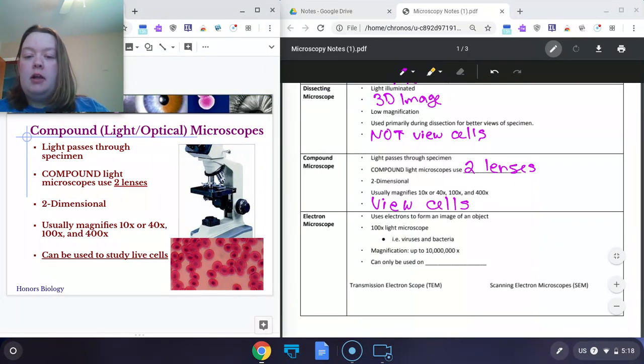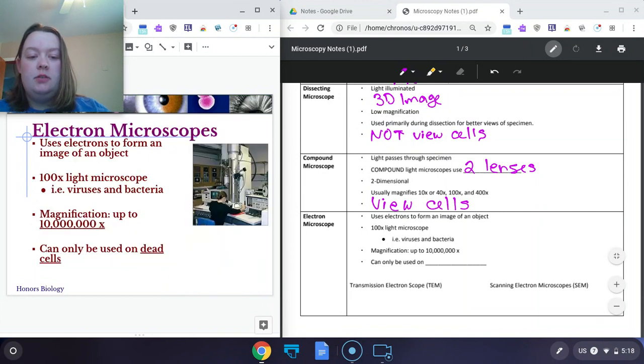All right, now on to the electron microscope in general, and then we'll break it down into the specific types that we mentioned. Electron microscopes use electrons to create images of objects. So it'll blast electrons in, and the electrons will bounce off to form an image. These have magnifications up to 10 million times larger.